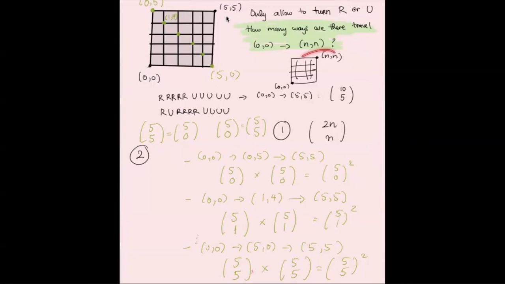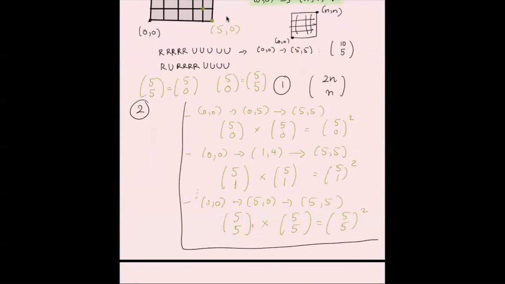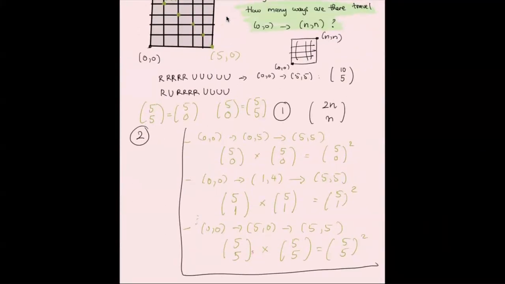But we want to generalize for 0, 0 up to n, so we can use the same thing. It has to pass through some point on the diagonal. So for n, we will see that it has to pass through some point on the diagonal. You can use exactly this argument, but instead of 5, you use n. The first case is I pass through the point 0, n, right?